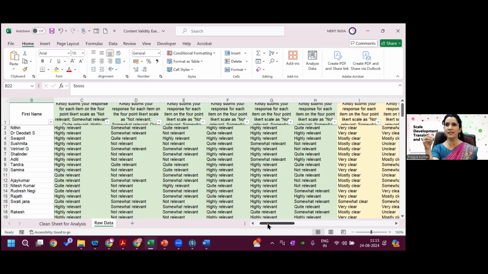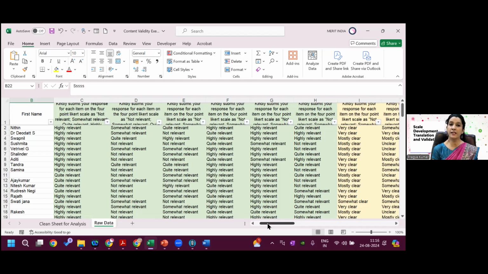For the content validity of a blueprint we developed for community medicine, we contacted about 40 people and could get only 16, because many people won't be able to review your questionnaire. If you are able to get that many experts, you have to calculate the content validity using the Lawshe method.